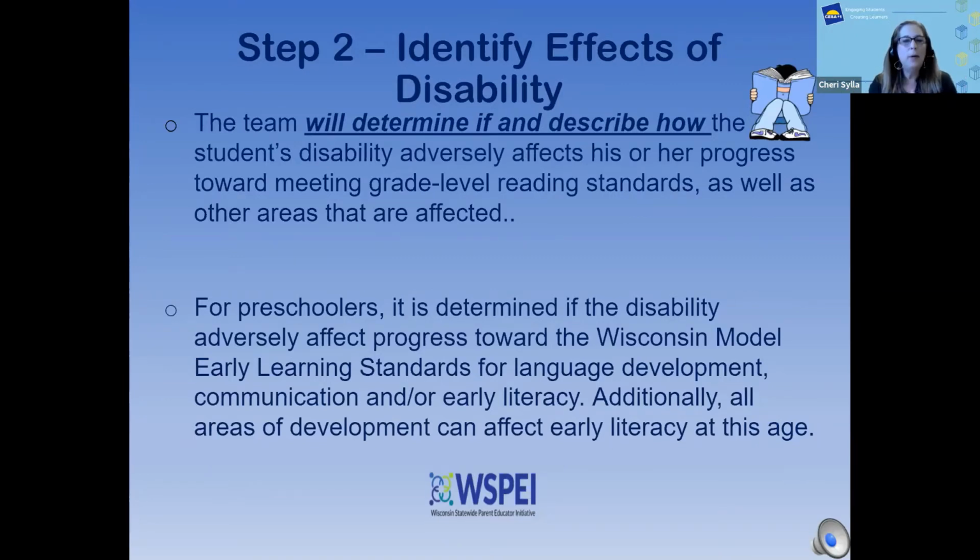And for preschoolers, we're looking at the Wisconsin Model Early Learning Standards for language development, communication, and early literacy. While in the IEP form, it's really saying, how does the child's disability adversely affect his or her progress in reading? But we're looking at all areas.